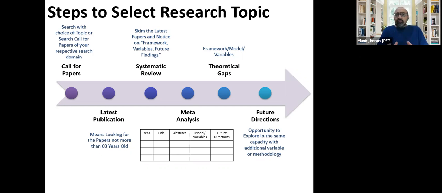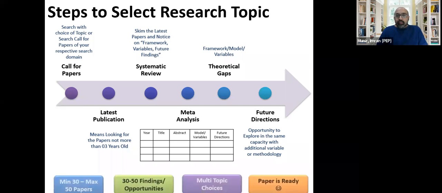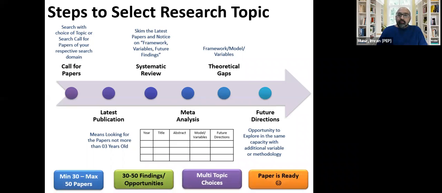So now you have a meta-analysis of minimum 30, maximum 40 or 50 papers and future directions. That's a great activity. That means you will get 30 to 50 opportunities, multi-topic choices. I hope the paper is ready. Why?